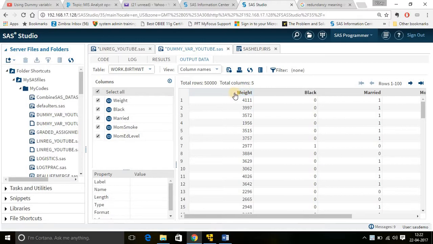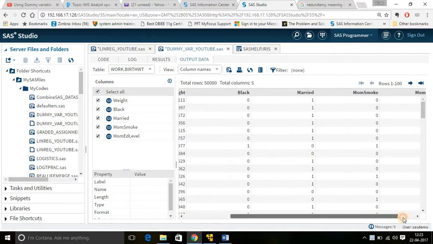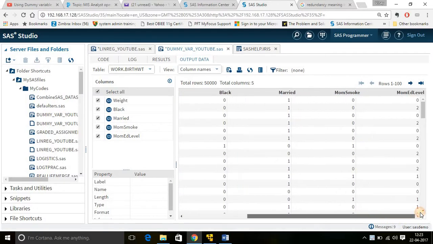This is the weight of the baby. This is the race of the baby. If black, 1, if not, 0. If the mother is married or not, 1 and 0. If mom is a smoker or not, indicator variable. If she's a smoker, 1. If not, 0. Education level 0, 1, 2, 3 or something like that.